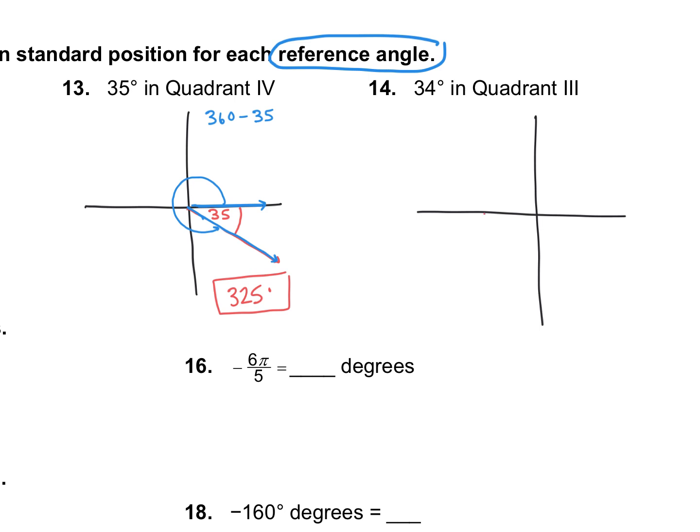So I go to the x-axis, I go 34 degrees into the third quadrant. So that's 34 degrees right there. Now our angle, here's the initial side. It goes all the way over here, 90, 180, and it goes another 34 degrees before it lands right here.